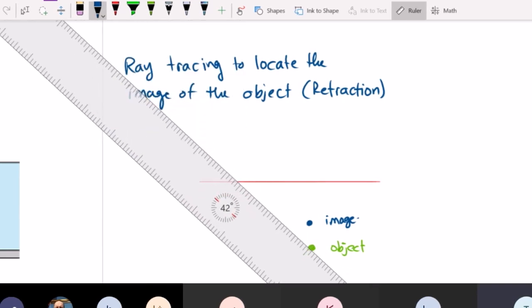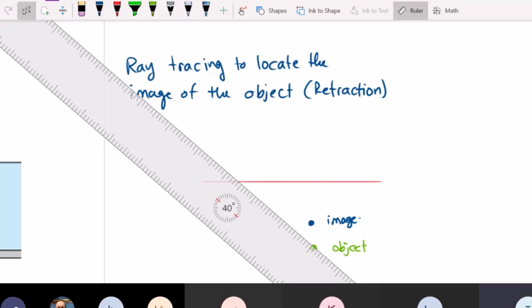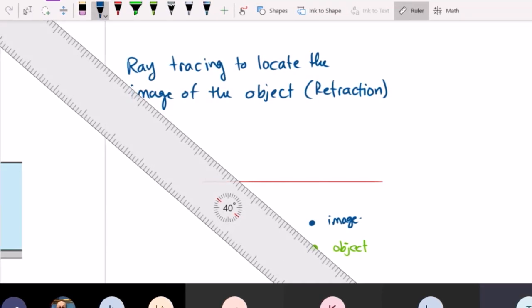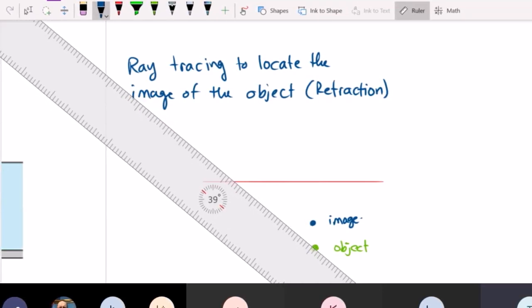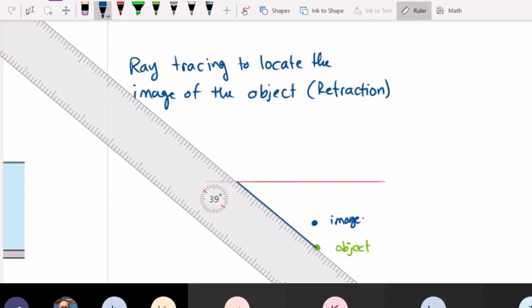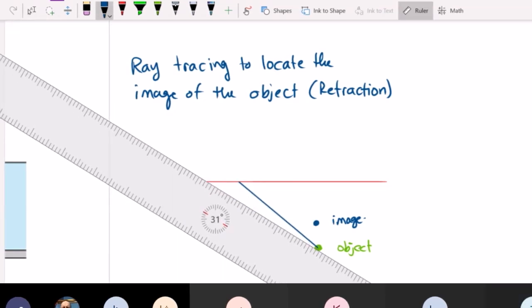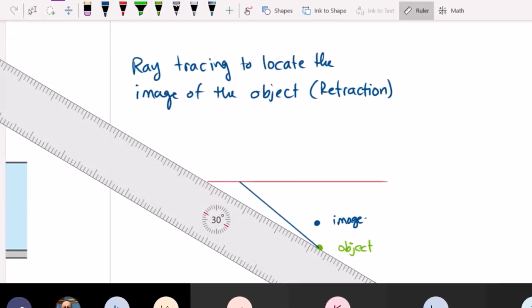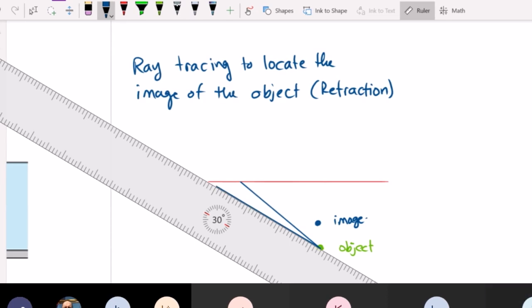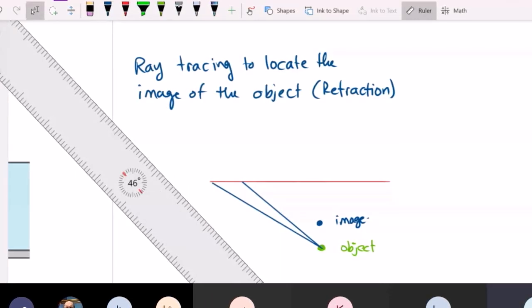Now, how will we use ray tracing in order to locate this image? If you remember, what did we do the previous time? Look here. Now we will take two rays from the object. Our first ray. Okay, I may take another ray like this. These are two incident rays.